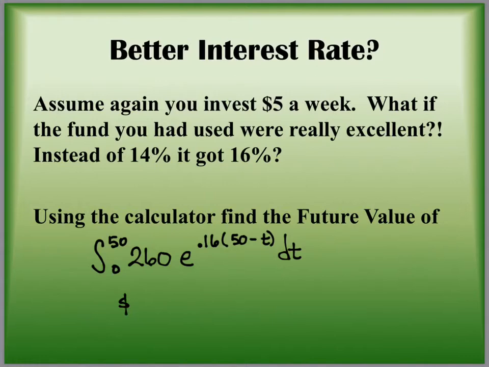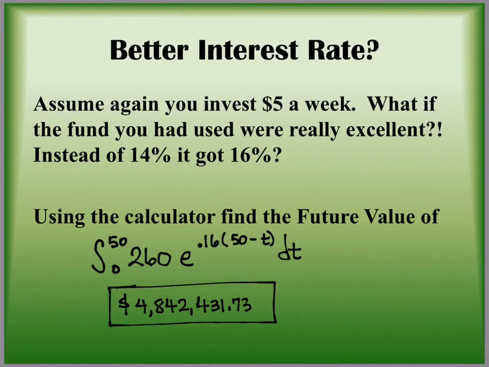Okay, so how huge is huge? 4,842,431.73. And you still got to use that other $5 a week at Starbucks, right? Okay, so I wanted to show you by these two examples that they don't equally affect things.